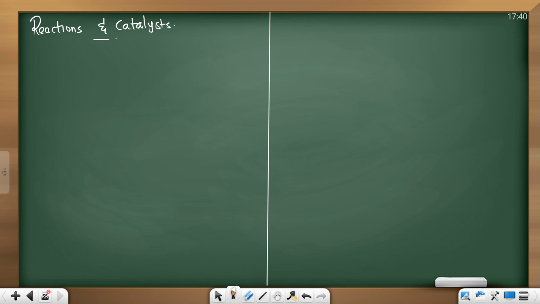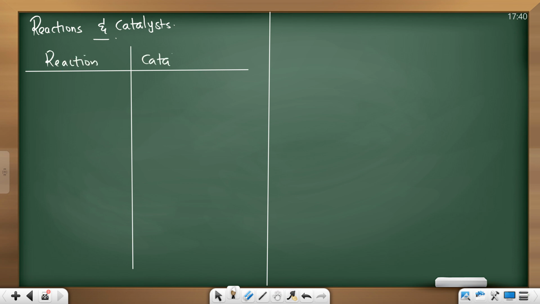Oh, I mustn't forget, I need to look at cracking. Reactions and catalysts. Let's do a table: a reaction and the catalyst needed.